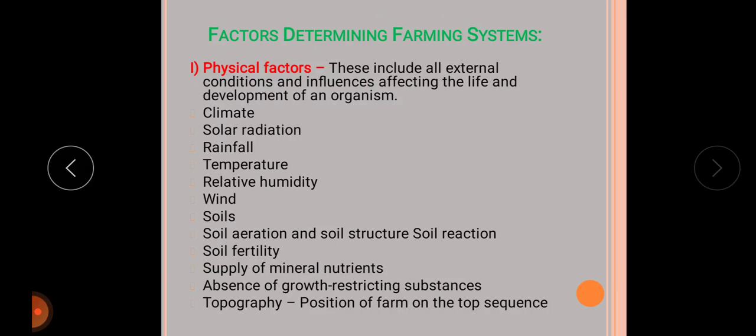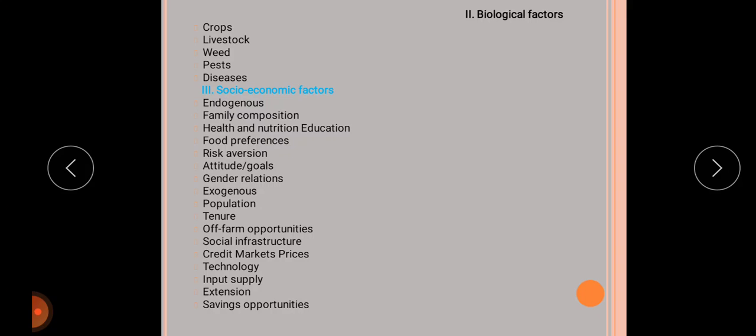These are the physical factors. Crops, livestock, pests and diseases come under the biological factors. Then the third one is the socio-economic factors. In that, endogenous factors include family consumption, health and nutrition, education, food preferences, risk aversion, attitude and goals, and gender relations.